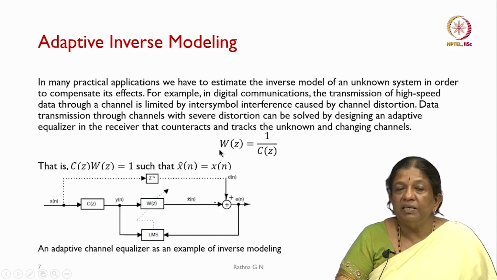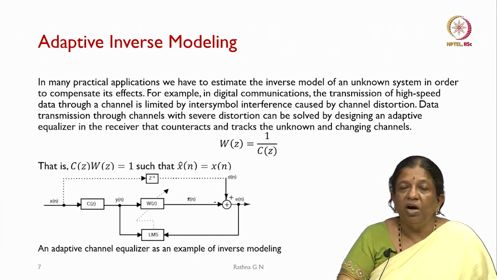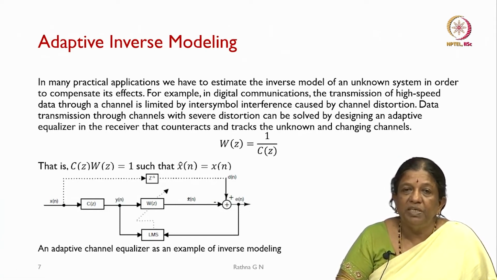You will see W of z is nothing but 1 by C of z. We assume that C of z is the filter at the transmission end. At the receiver end you will be designing the inverse filter.